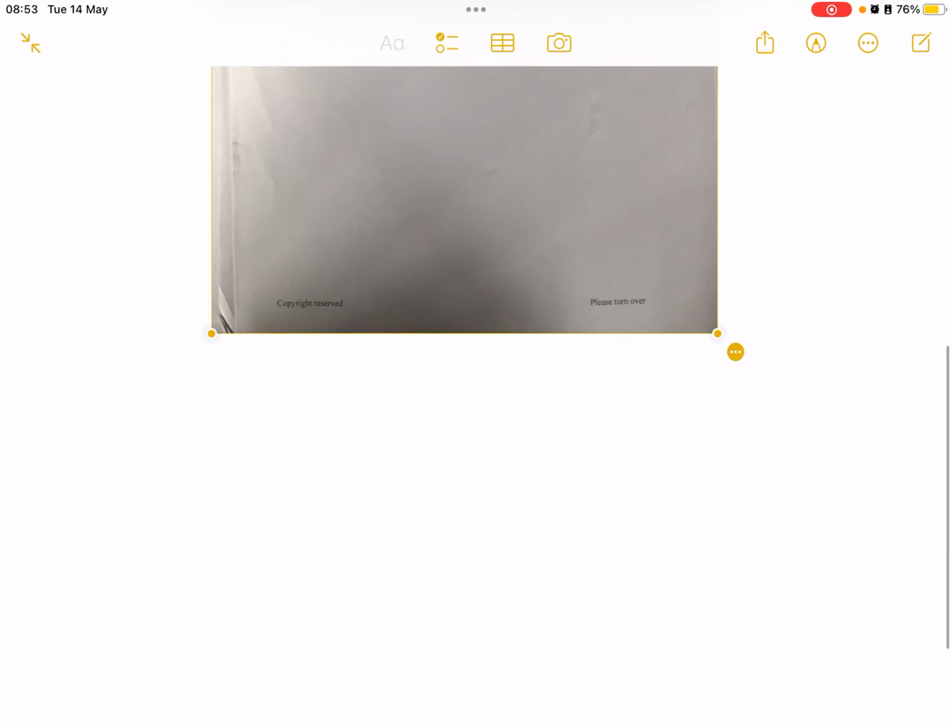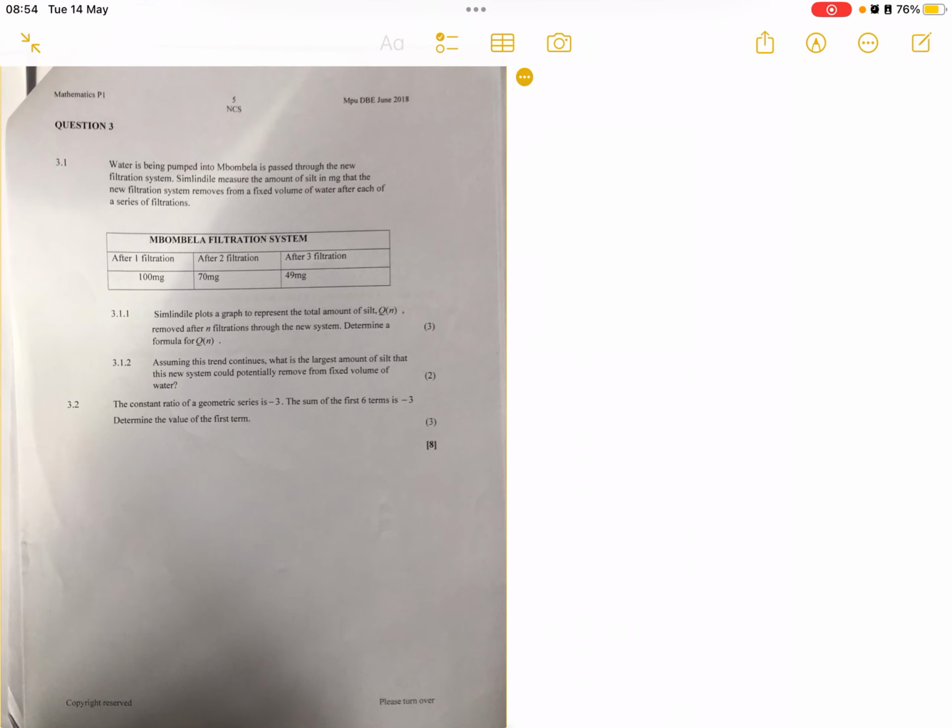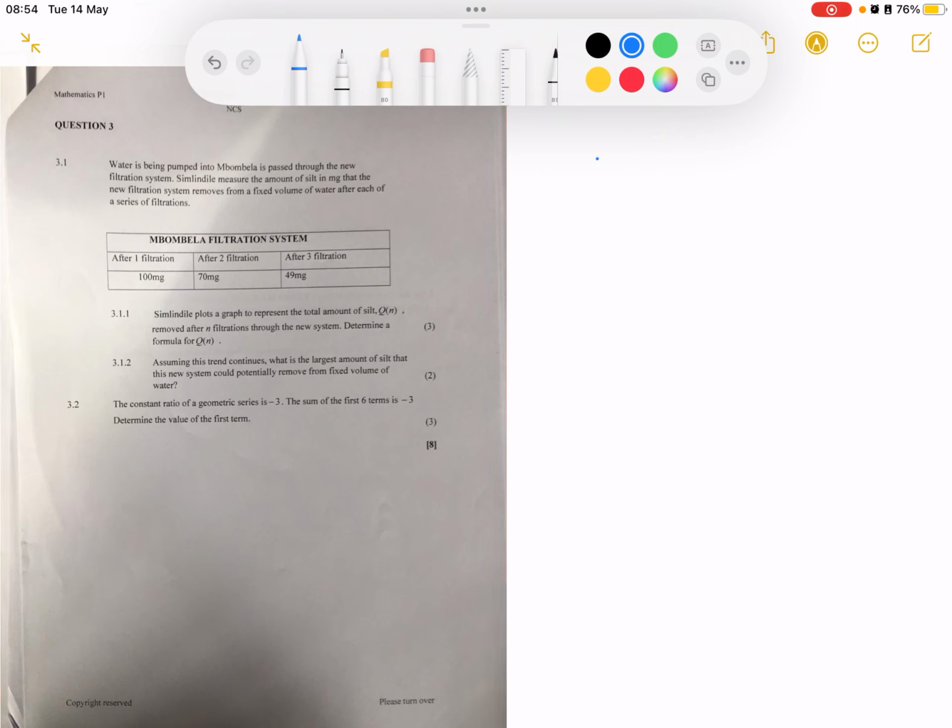the first term. Okay, let's start by understanding what this question wants from us. If we look at this 100, 70, and the 49, we need to first determine what type of series or sequence this is, because we can clearly see that this is not arithmetic, and it cannot be quadratic because we don't have 4 terms, we only have 3 terms.